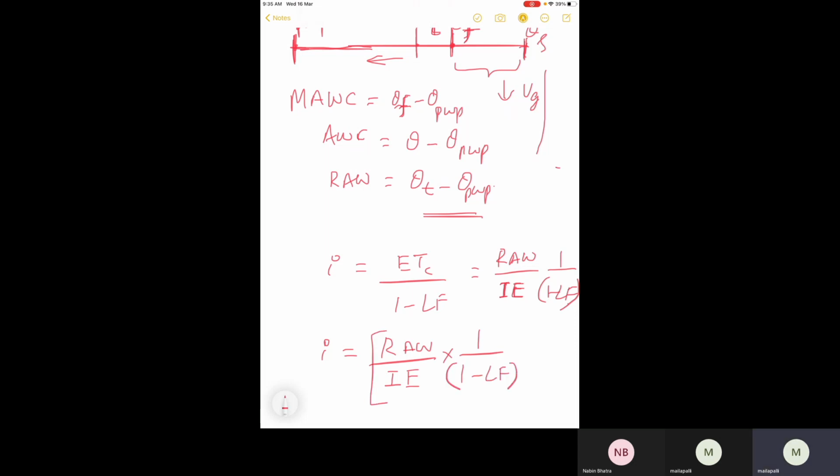And since the irrigation efficiency will be a percentage, you need to divide by 100, that 100 will go up, and then you get it in centimeters if RAW is in centimeters. Okay, so remember this equation. We're going to have an example here.